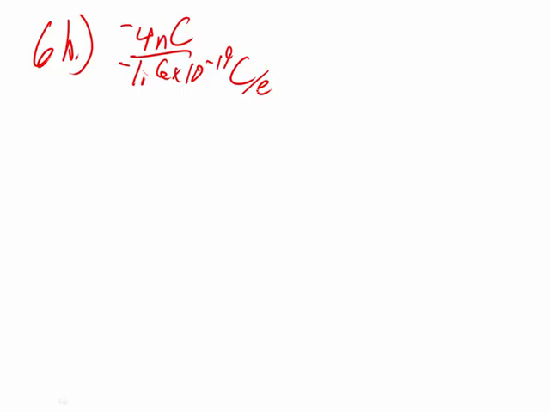We come up with 2.5 times 10 to the 10th electrons, okay, were added. Or we could say 25 billion, okay? You could say it that way. And so that's how we calculate that. It's real easy, all right? All right, let's move on.